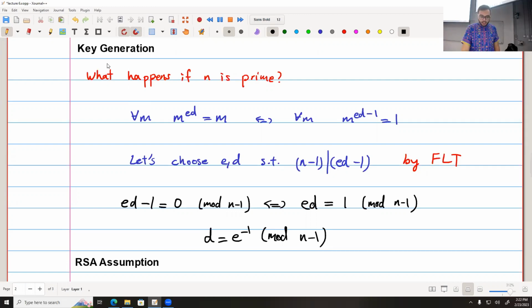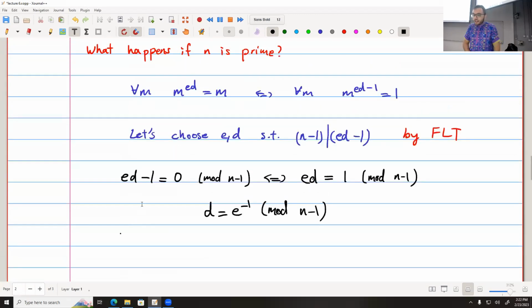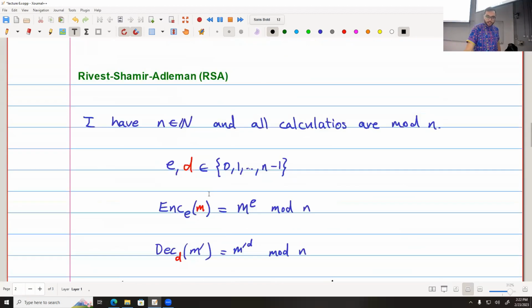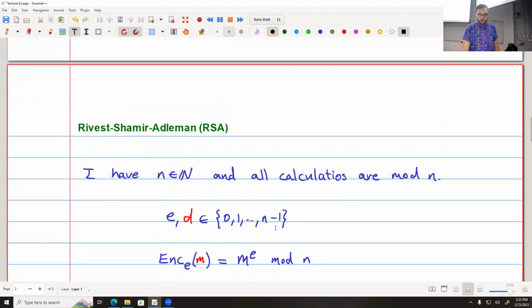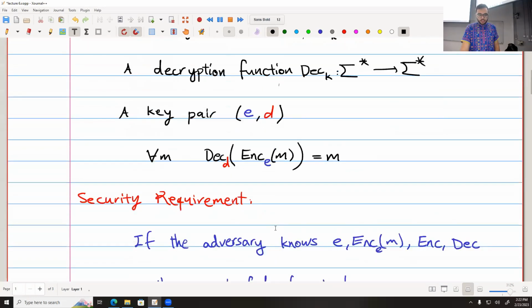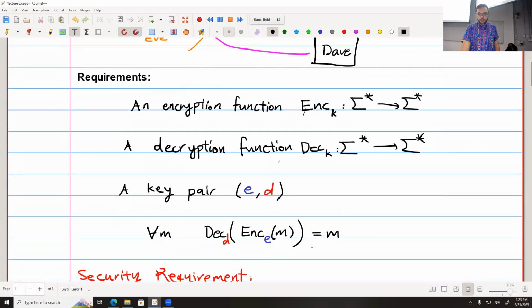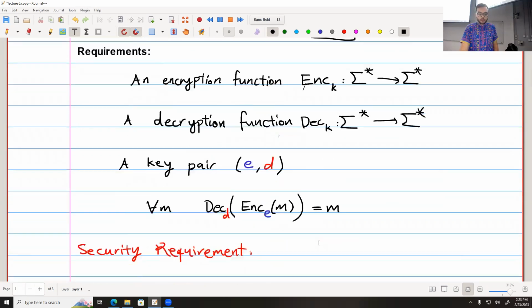Okay. But this is actually not how RSA works. So it's too soon for that. This scheme that we have right now, just using a prime number, it satisfies our basic requirements that if I decrypt something that I encrypted, I get my original value back.